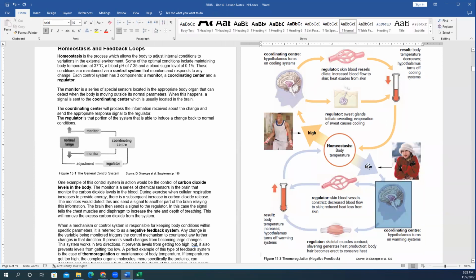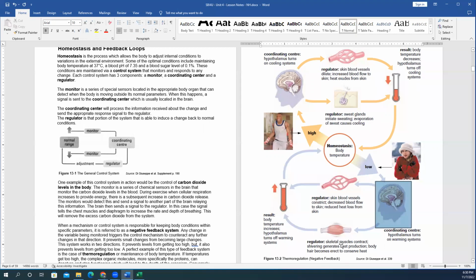On the other side, if it's too cold, if your temperature is going too low, below the optimal temperature, again, a signal is sent to the coordinating center, which is again the hypothalamus in the brain. And this turns on those warming systems. A signal is sent to those skin blood vessels to constrict, to tighten up, to decrease blood flow through these surface capillaries in order to reduce further heat loss from the skin.